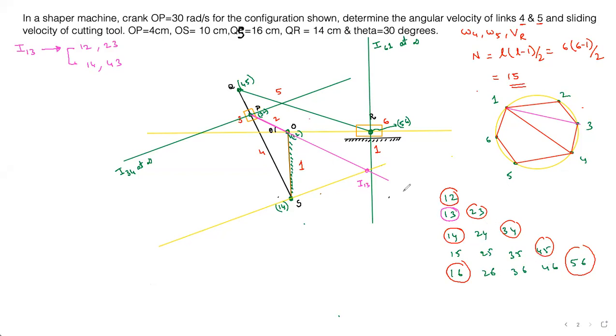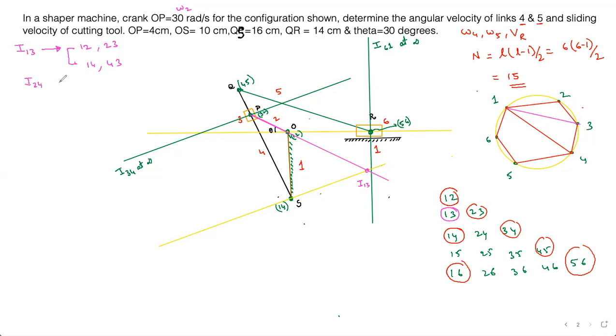Now what is our interest? My interest is to find out omega 4 first. I have omega 2, because it's the crank. The crank, link 2, has omega 2. I have to find omega 4. So what is the logic? I need 2, which is there. 4 needs to be found. So I need I24.